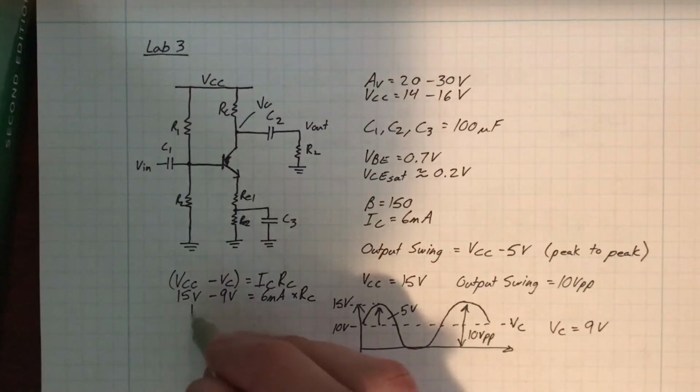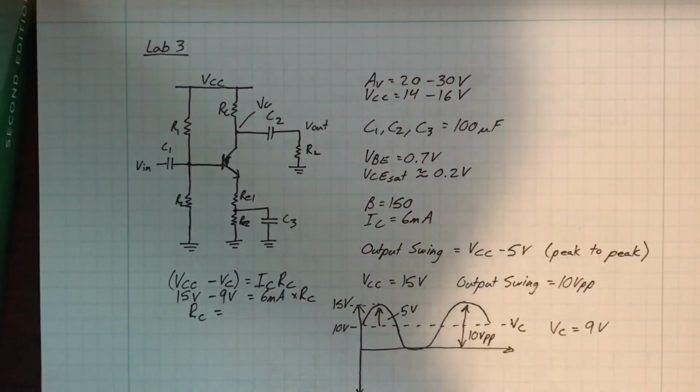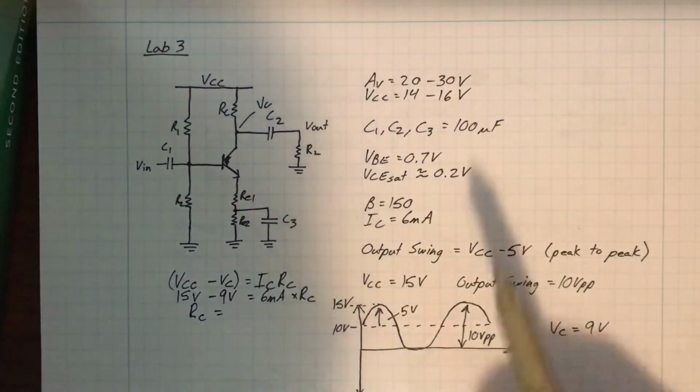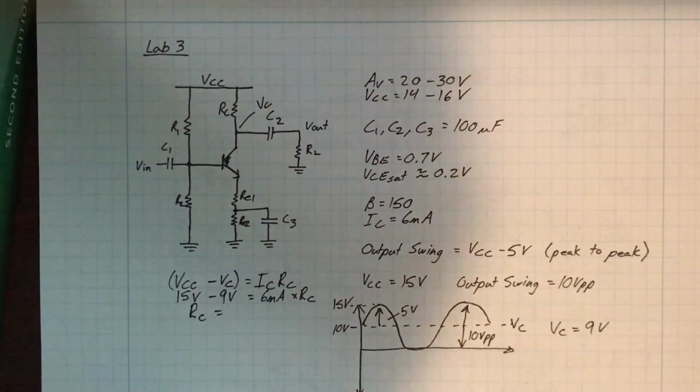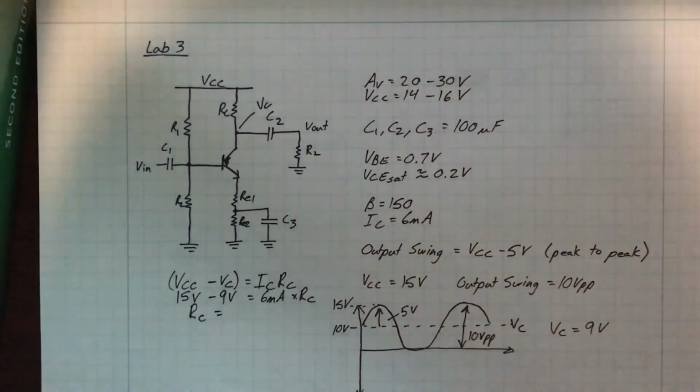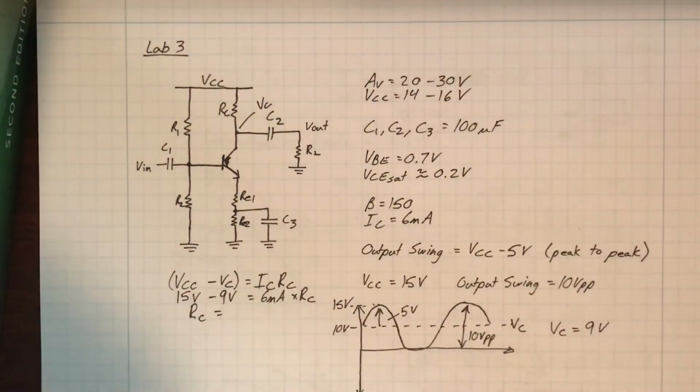And you can calculate RC from that. And that'll be pretty much the same for everyone's design, regardless of what VCC you choose. You're going to end up with basically the same answer here. Everyone will have the same result. So that's how you get RC.